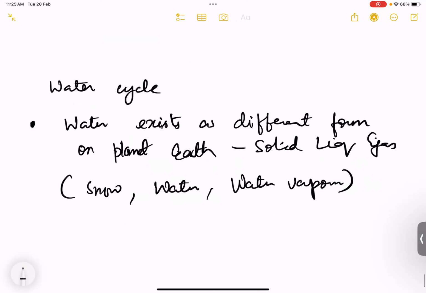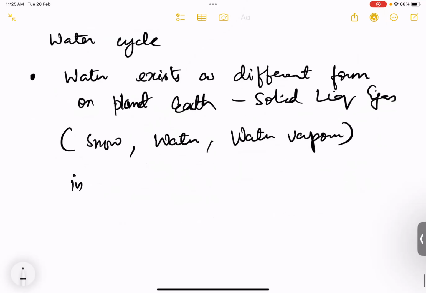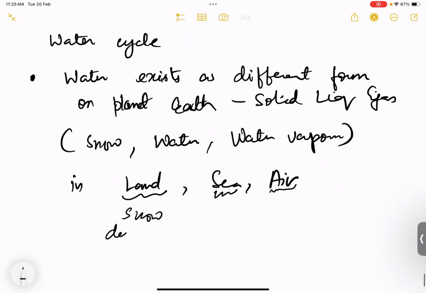And it exists in land, sea, and air, right? So how is it going to exist in land, in sea, and in the air? On land, when it's an extremely cold environment, it comes down as snow, snow deposits on the mountains, right?